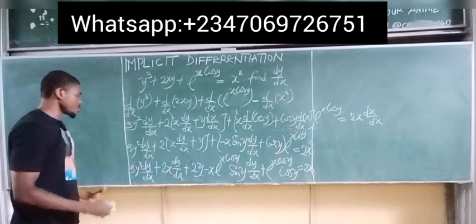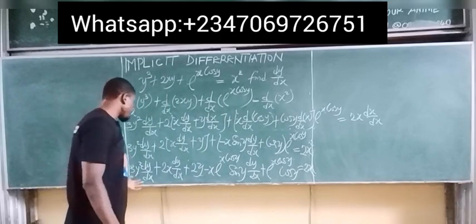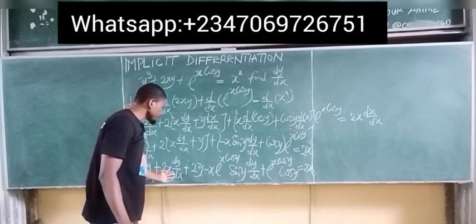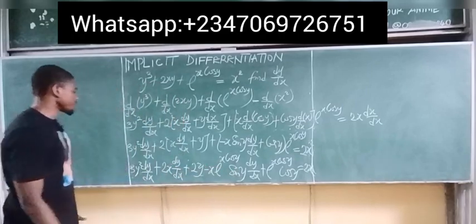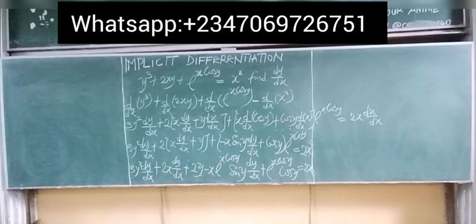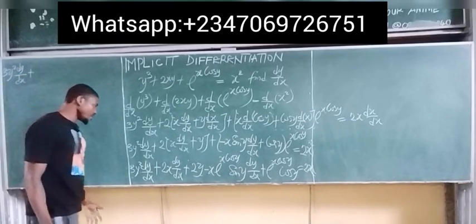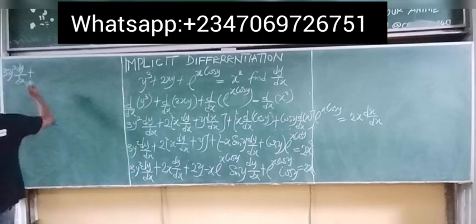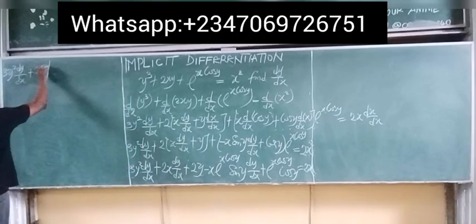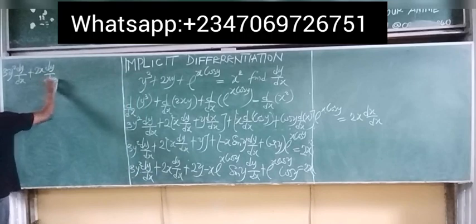So at this point is to collect like terms, bring all the dy dx terms together. Of course, if I do that, I'll have 3y squared dy dx all over dx plus, I have here 2x dy all over dx.